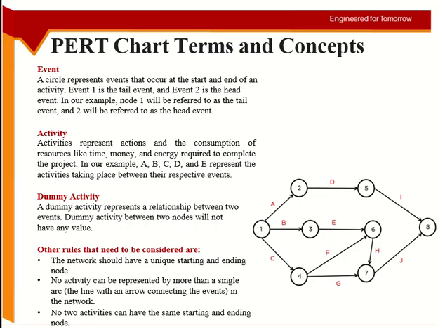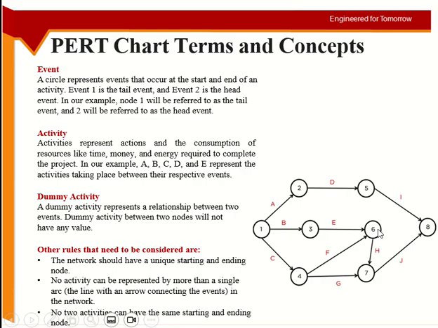A dummy activity is inserted in the diagram just to explain that two nodes are different from each other. I don't think we have an example for this one here, but just to give the concept. For example, I have two activities here, activity E and activity F. Both are ending on the same event, 6.